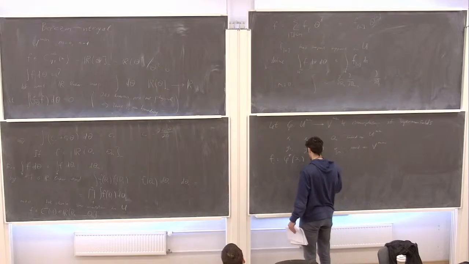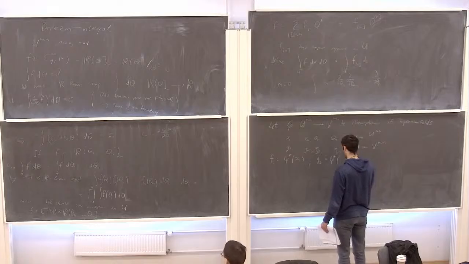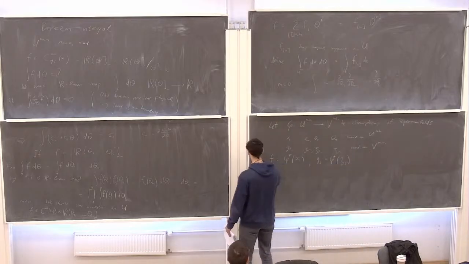And let me denote g_j the pullback with respect to phi of psi_j. So it's just notation.